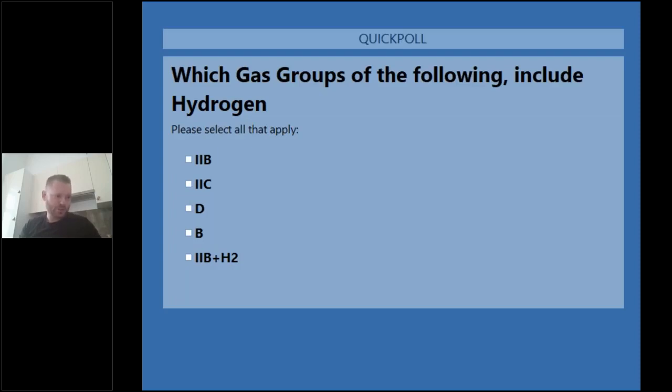Which gas groups of the following include hydrogen? Multiple choice, you're able to give multiple answers.